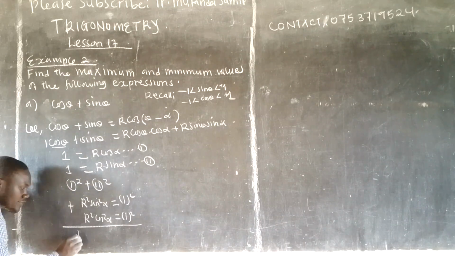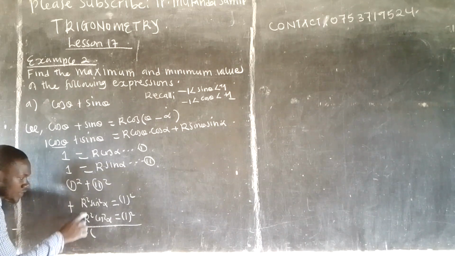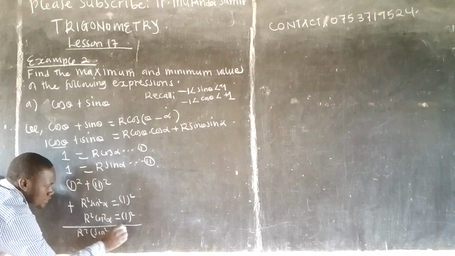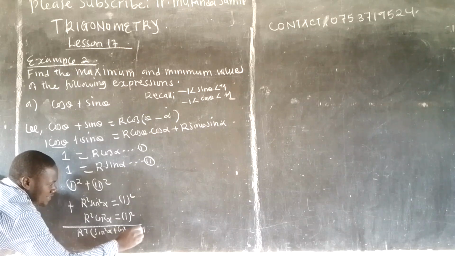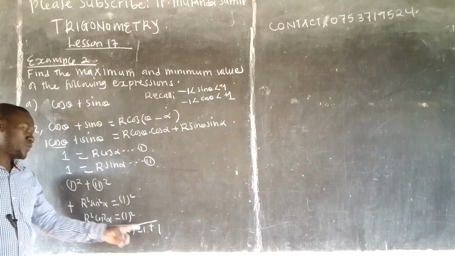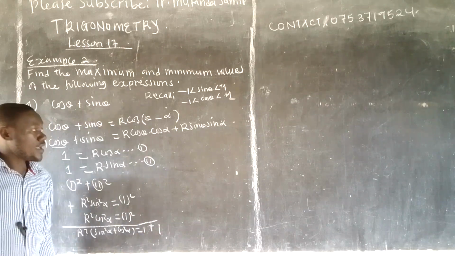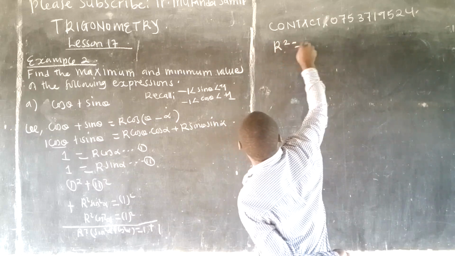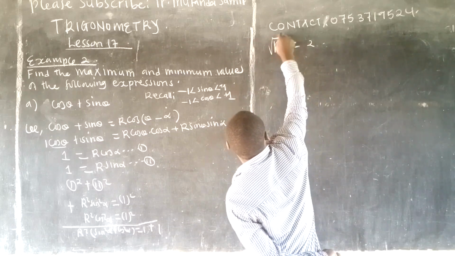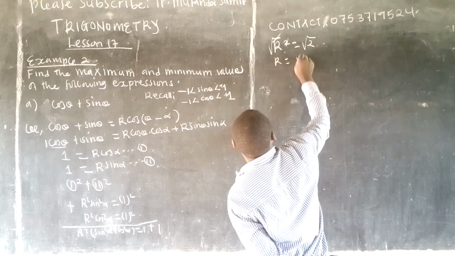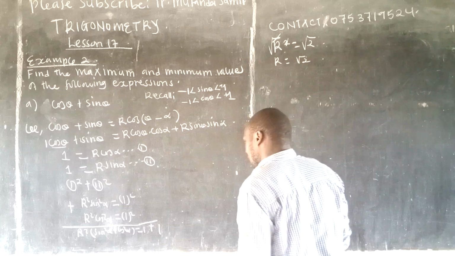And so doing, you'll have R squared times the factor of sine squared alpha plus cos squared alpha, which gives us 1, equal to 1 plus 1. Why 1 plus 1? Because 1 squared is 1, 1 squared is 1. Proceeding, I have that R squared is equal to 2. So you now take the square root, so our R will be equal to root 2. That's the first case we have.